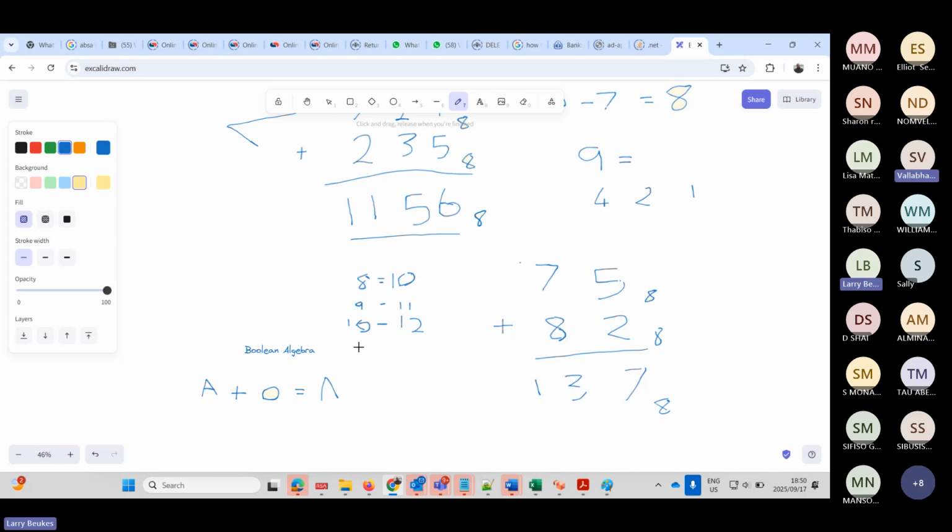So 8 is 10, 9 is 11, 10 is 12, 11 is 13, 12 is 14, 13 is 15, 14 is 16, 15 is 17. So it is 17.